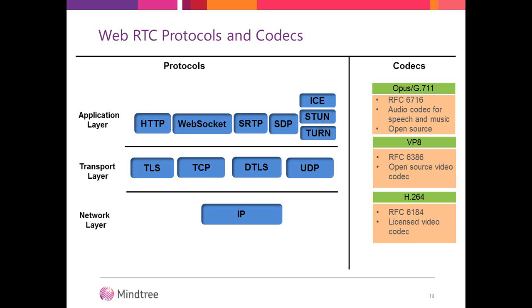But a lot more devices are available which are compliant with or using the H.264 codec. So some debate is happening, but as of now, Chrome and Firefox both are using the VP8 codec.